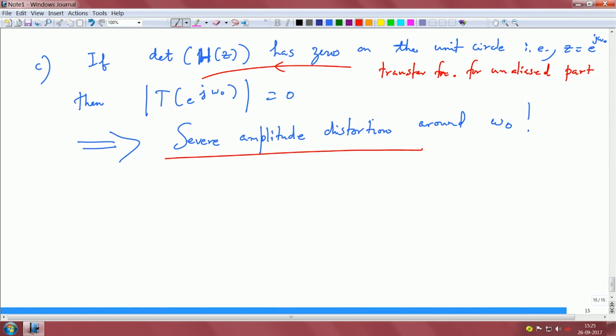If the magnitude of T of e^{j omega naught} equals 0 at those frequencies omega naught, this implies that you would have severe amplitude distortion around that frequency. So, then you can imagine what should be the order of the filters, etc., and perhaps the issues that you will have to deal with when noise gets amplified around those frequencies, etc. So, these are some practical issues that you will have to deal with.